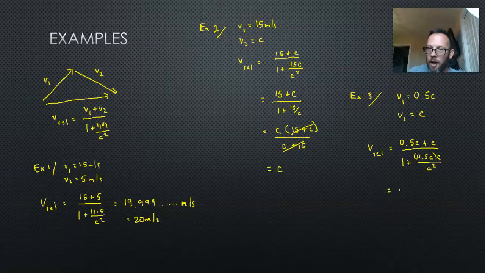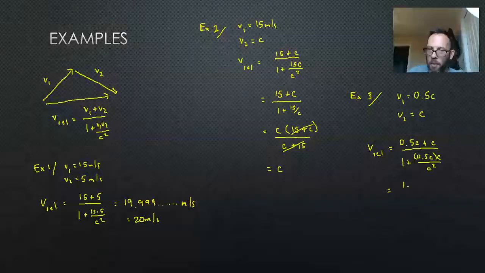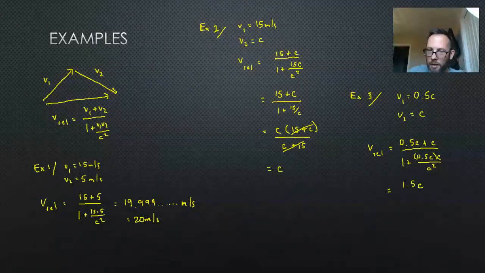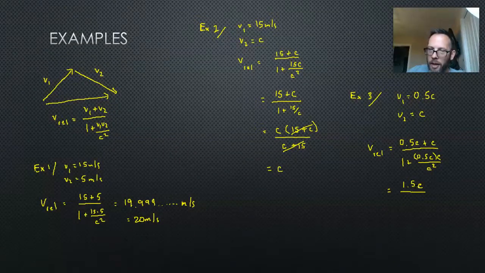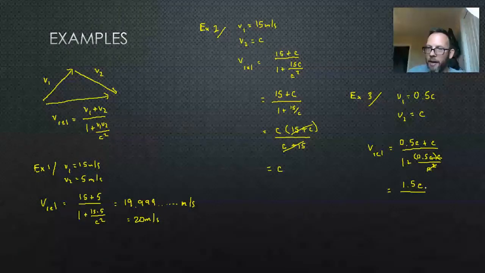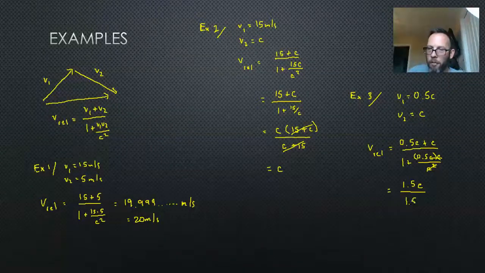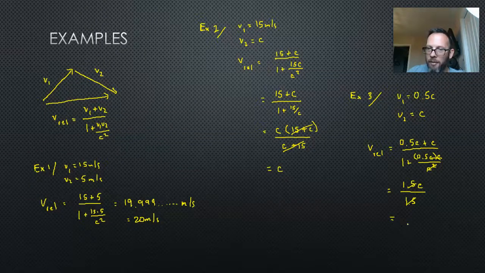On the top, you just get 1.5c. Those are like terms. On the bottom, c times c is c squared over c squared. Those actually divide out. 1 plus 0.5 is 1.5. And look, those divide out, we get c again.